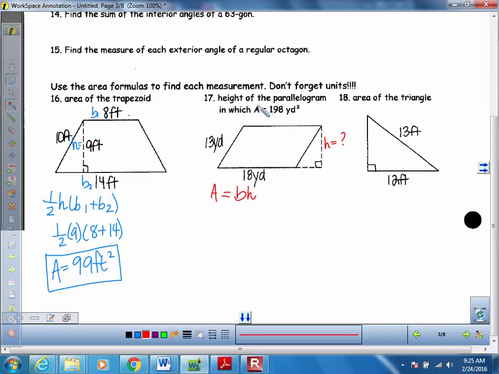So if I plug in everything that I know, the fact that my area equals 198, I'm going to replace A with 198 equals my base. Here my base is 18 times my height, which I'm finding. To find the height, we're going to have to get the height by itself, so we divide both sides by 18. And so our height is going to equal 11 yards.